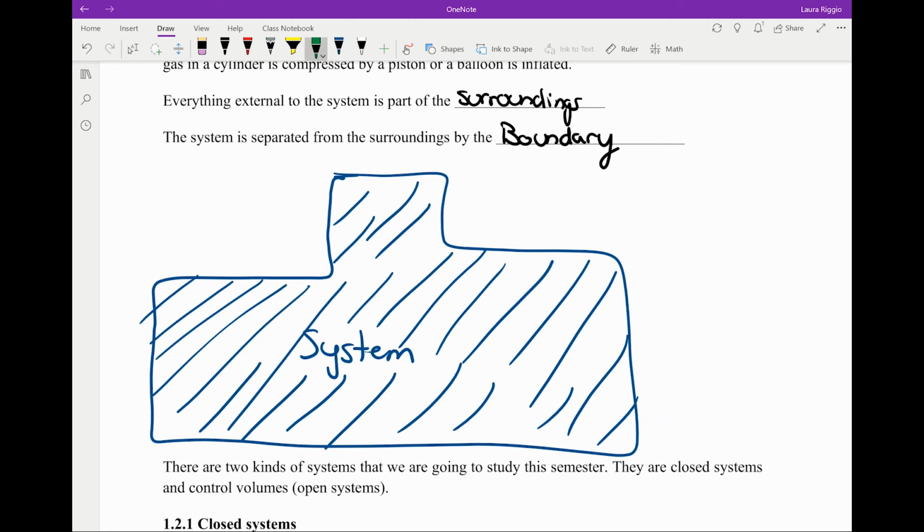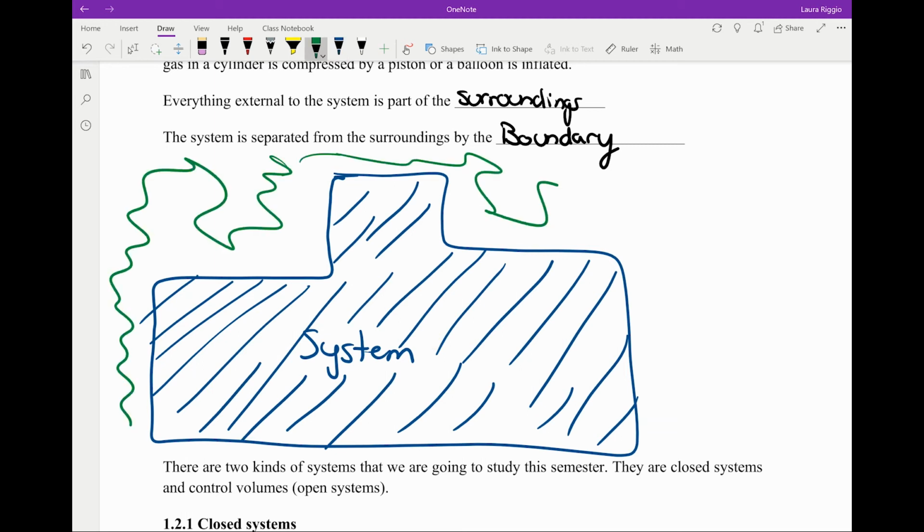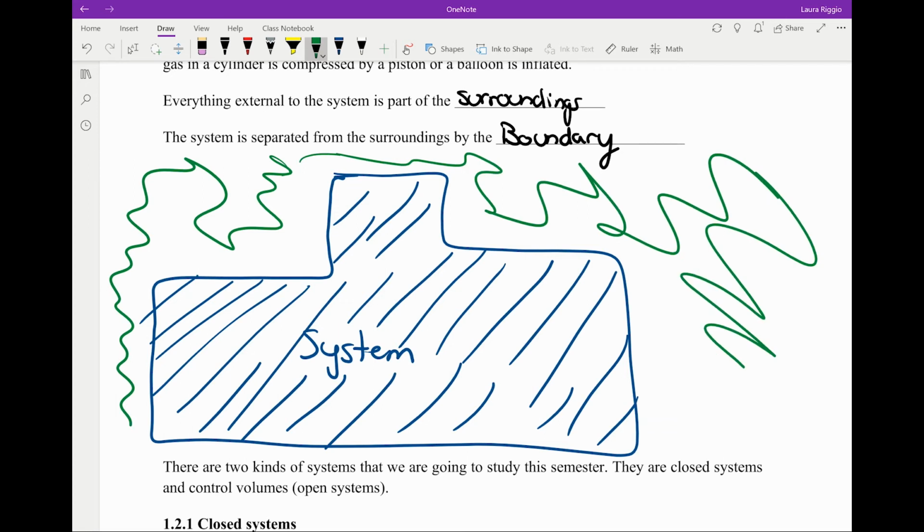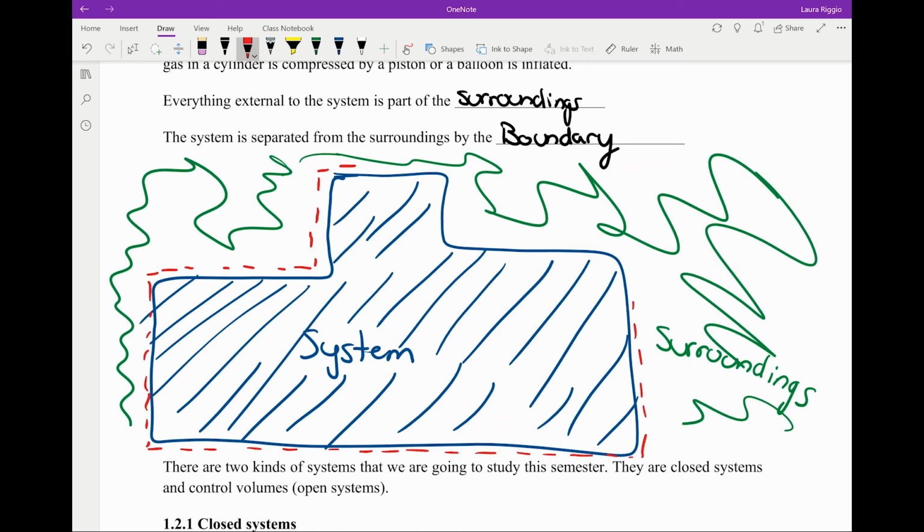Everything in blue is my system. Everything around it in green, these are my surroundings. And then it's separated by our boundary.